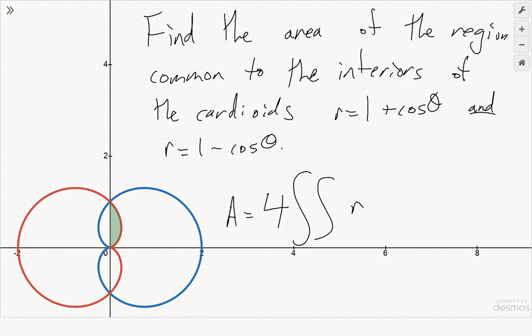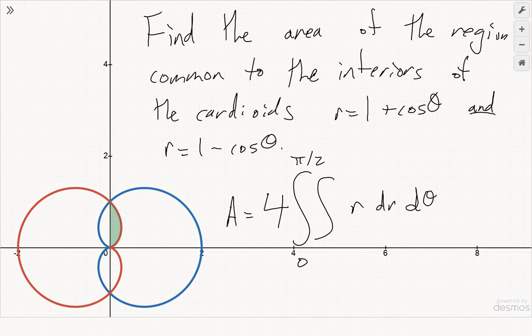So we'll do it again in the order dr d theta. So theta, we can see now that we've focused just on this one quarter, will go from 0 to pi over 2. That's going up to the y-axis.